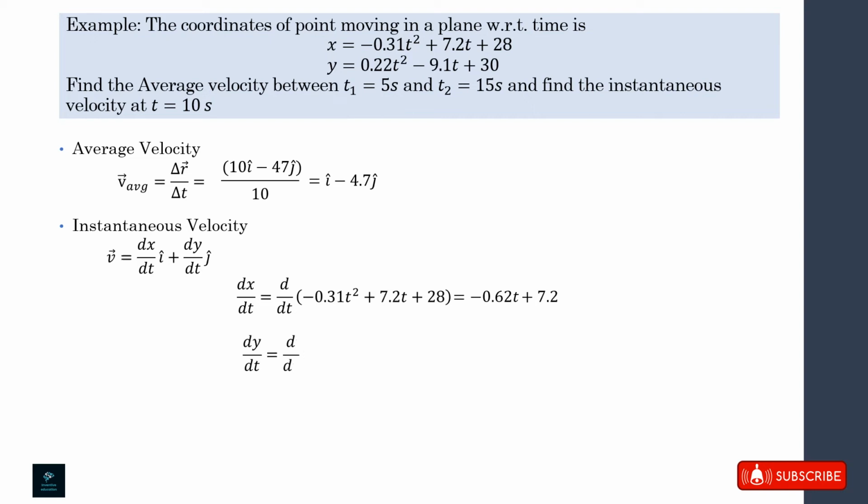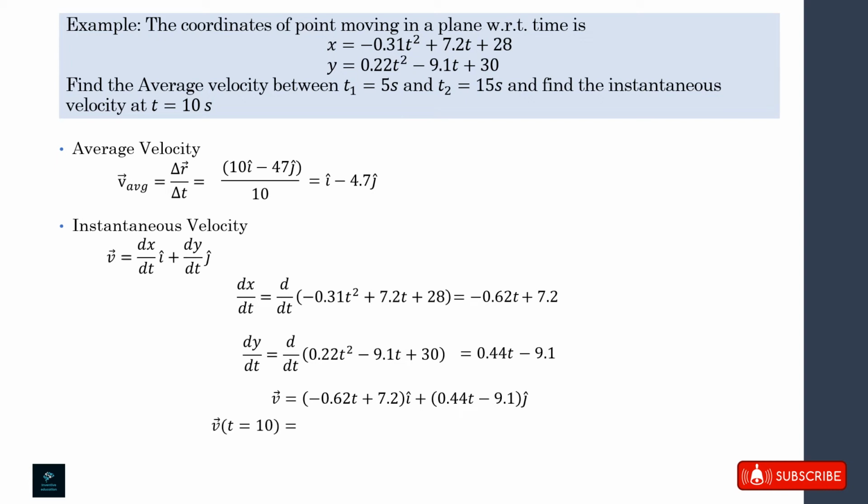Similarly, dy by dt is equal to d by dt of 0.22 t square minus 9.1 t plus 30, and this is equal to 0.44 t minus 9.1. Therefore, the instantaneous velocity of the object has the expression v is equal to (minus 0.62 t plus 7.2) i plus (0.44 t minus 9.1) j.